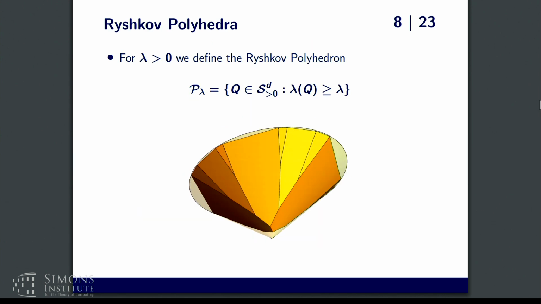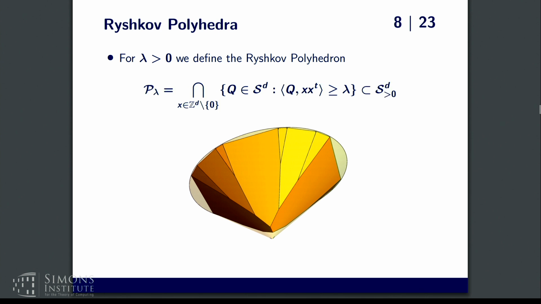Okay. So now we get back to this Ryshkov polyhedron. For a fixed lambda, we want to only consider all those quadratic forms that have an arithmetical minimum at least lambda. And this corresponds exactly to lattice packings where the spheres have a minimum size. Another way to describe this is that for every non-zero integer vector, these quadratic forms must take value at least lambda on them.